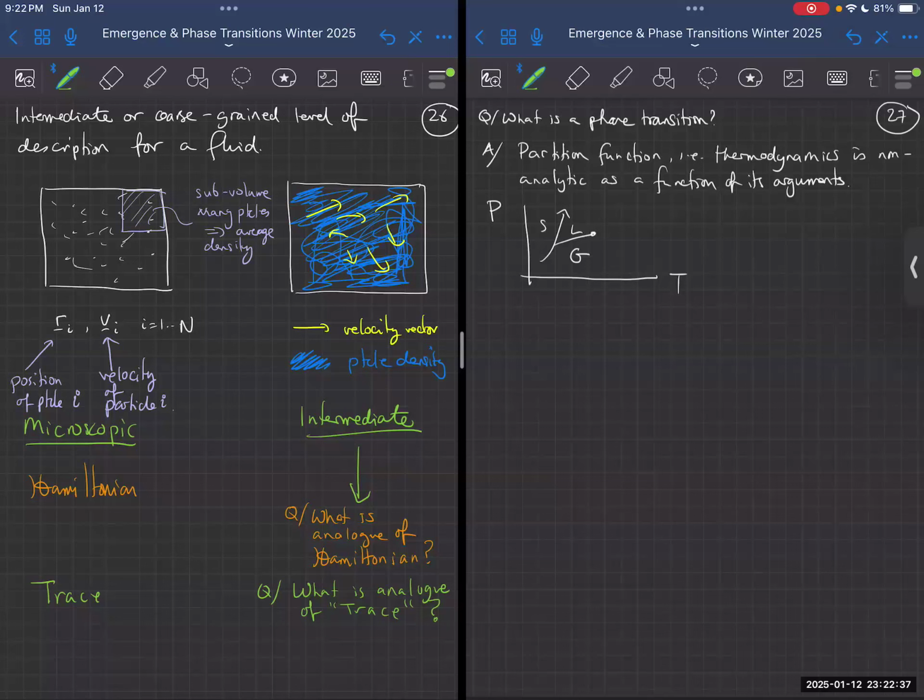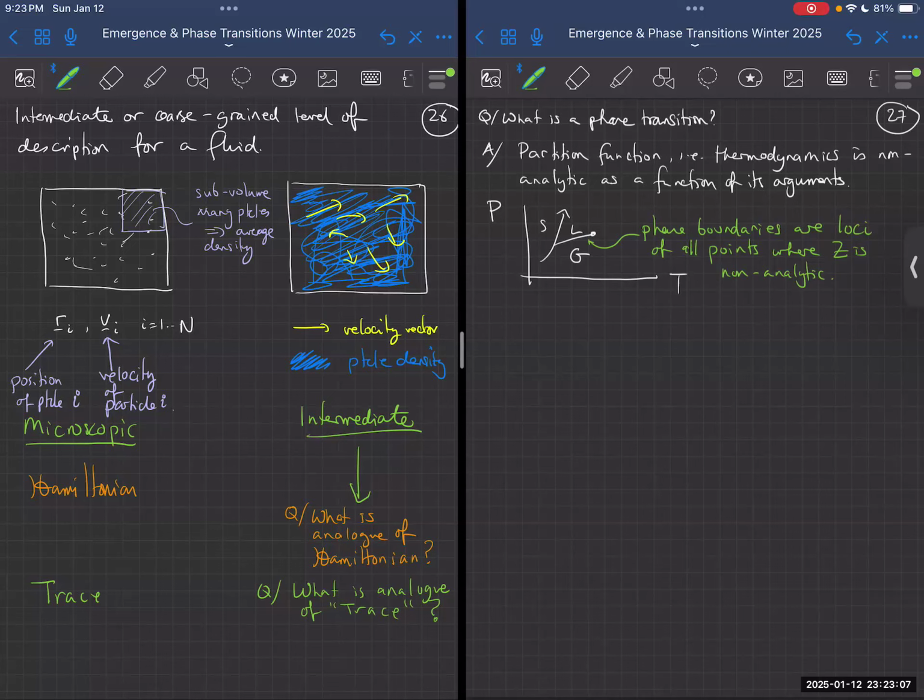These are phase boundaries, so these phase boundaries are the loci of all points where Z is non-analytic.